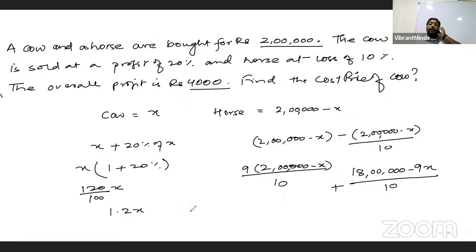Now, adding this value 1.2x, what it will give me is 2,04,000, the overall selling price.